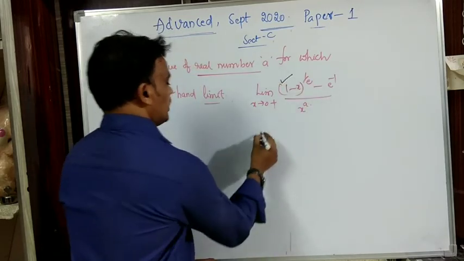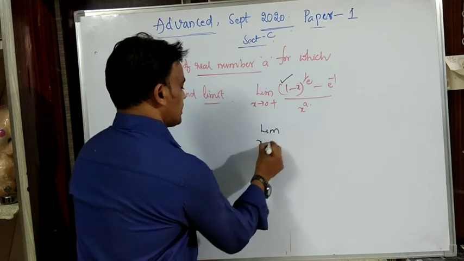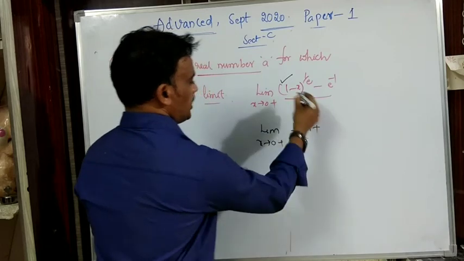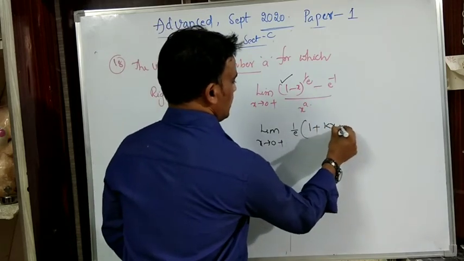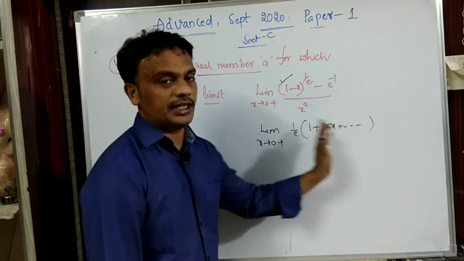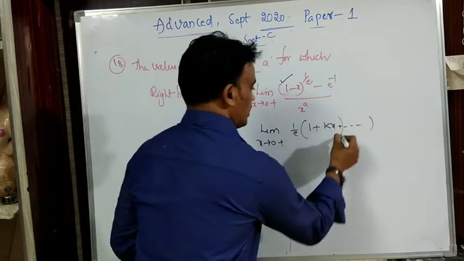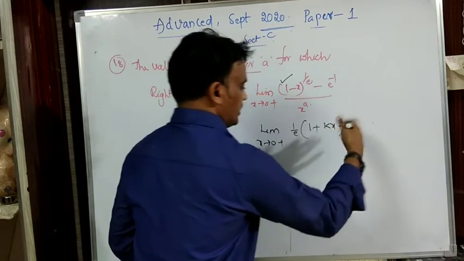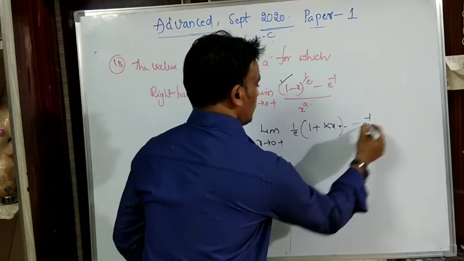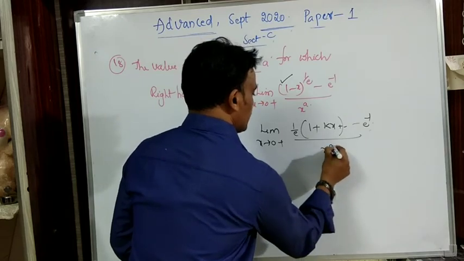Expanding this, simply I can write the limit as x tends to 0 plus of 1 by e into (1 plus some constant k into x), neglecting the higher degree terms, minus e power minus 1, all over x power a.